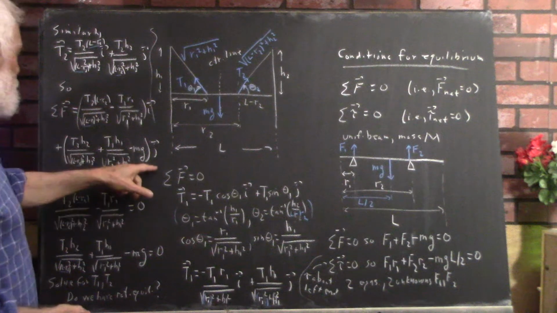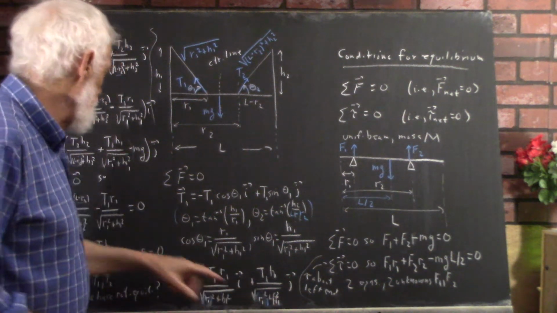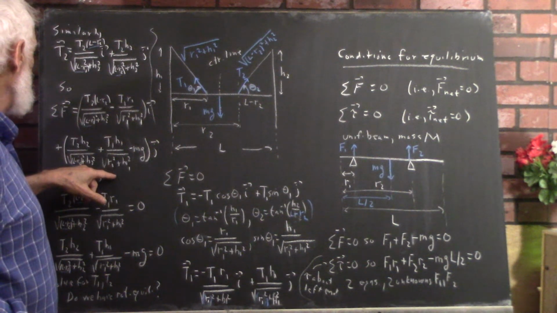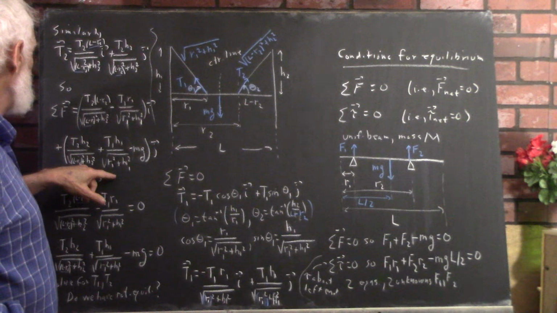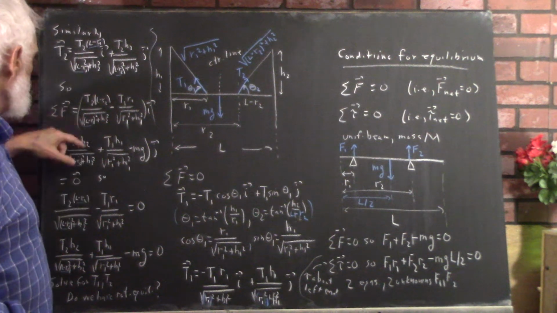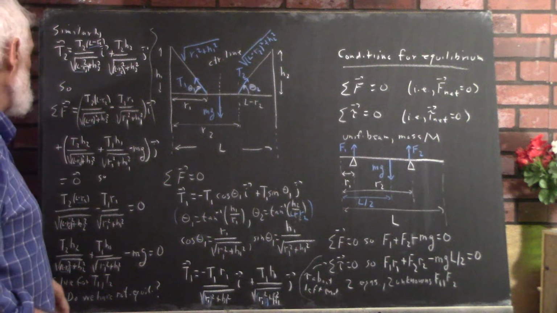Okay, and then we do the same with the J components. The J component here is T1H1 over this hypotenuse, and that's what we have here. And the J component of this vector is T2H2 over the same hypotenuse.